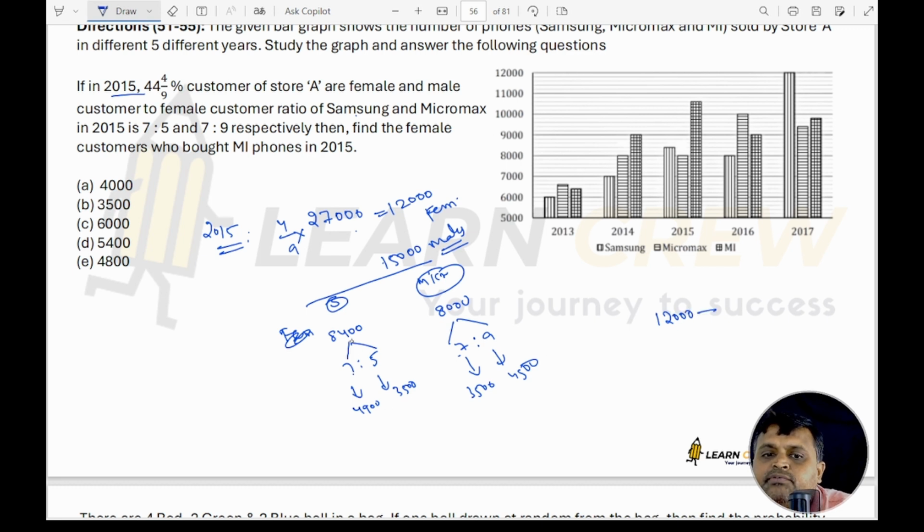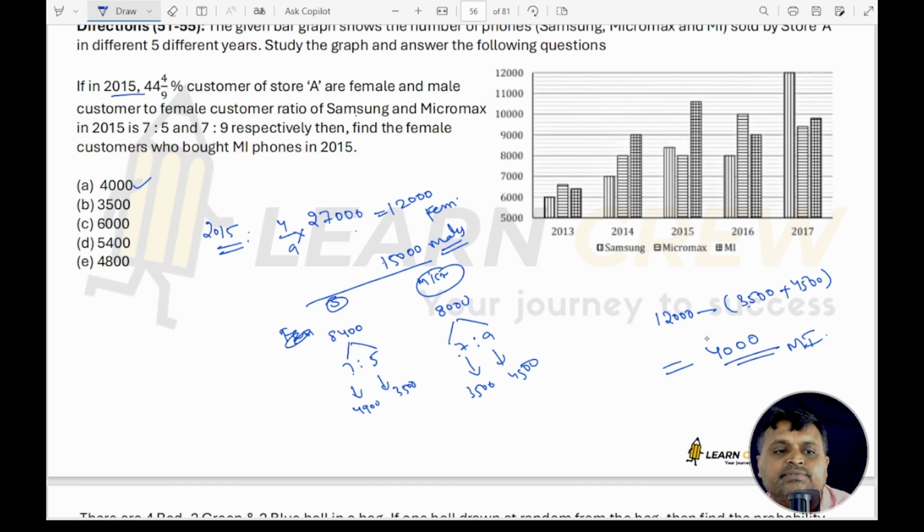Out of that, for Samsung there are 3,500, and for Micromax there are 4,500. So 3,500 plus 4,500 is 8,000. 12,000 minus 8,000, remaining 4,000 are for MI. So the answer is 4,000.